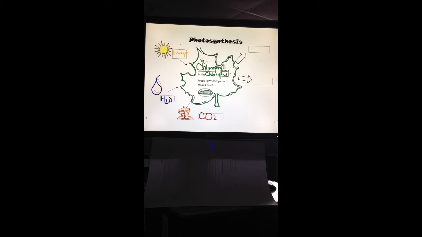Again, one of my favorite things is sugar. But it also produces something else our bodies need. Right, oxygen. So with this glucose, I'm going to also write underneath sugar, glucose is a type of sugar. This is what we need to survive on top of oxygen.